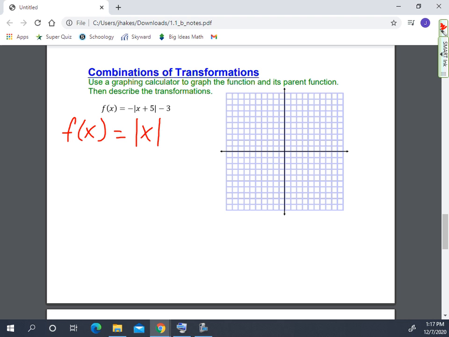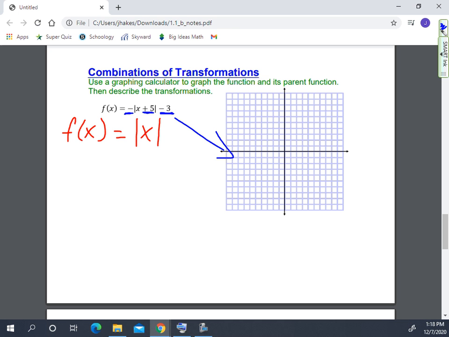Okay. Now, when we talk about this transformation, there's 3 transformations happening. There's 3. Well, which ones? We have x plus 5, we have minus 3, but we also have this negative out front. Okay, and I'm going to talk about all 3 of these.